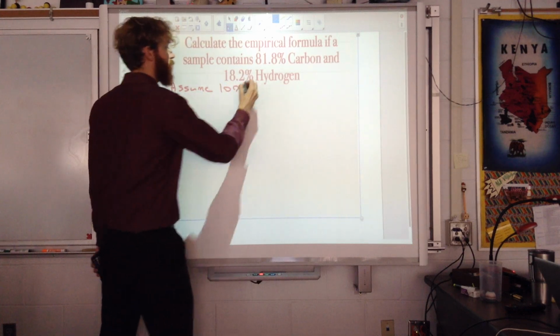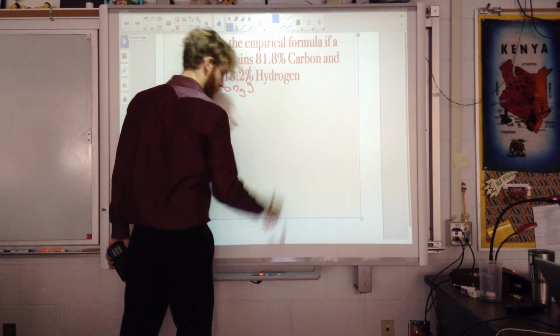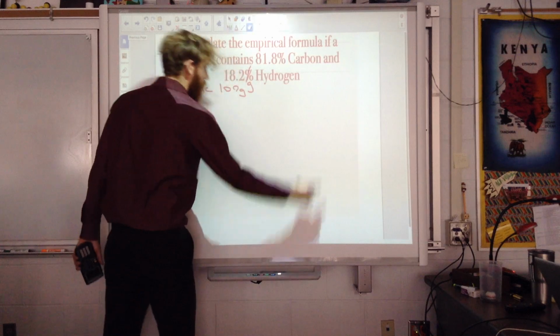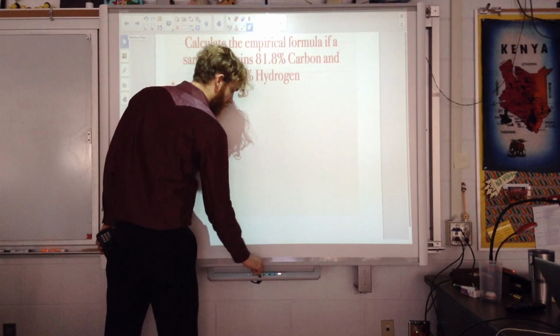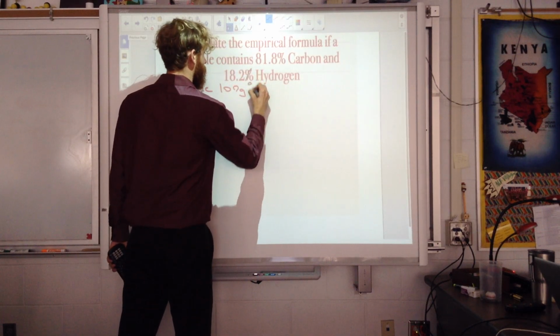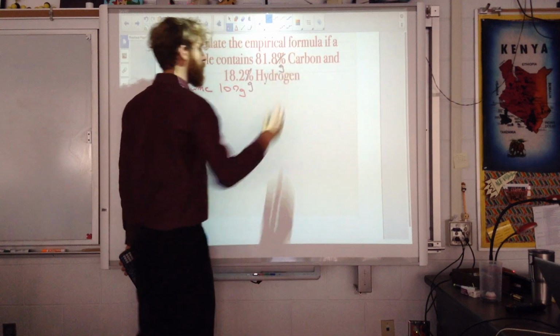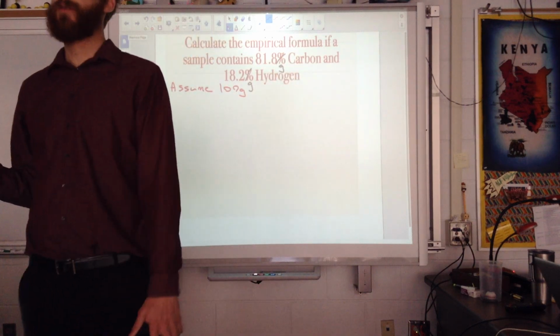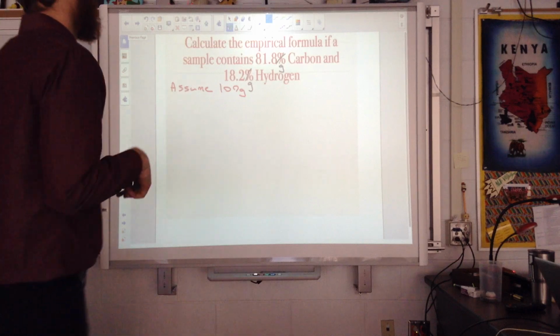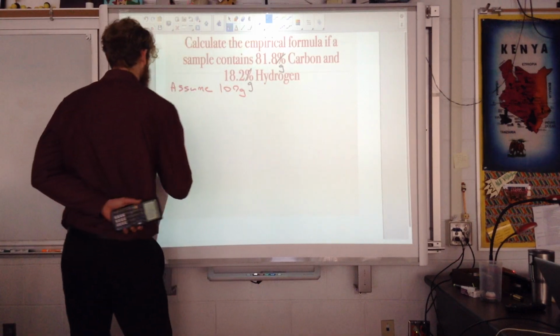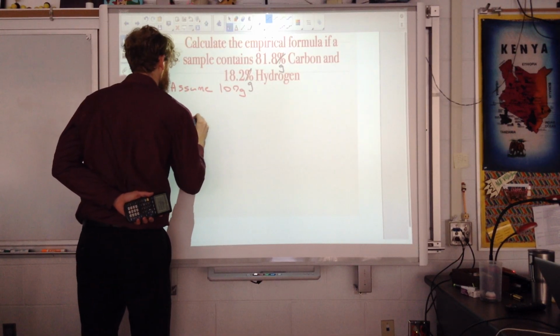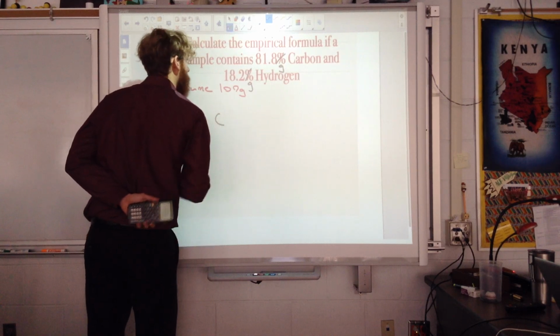So we can basically just change this percentage to grams. Change that to grams, change that to grams. So when you have percentage, just take away the percentage and change it to grams.